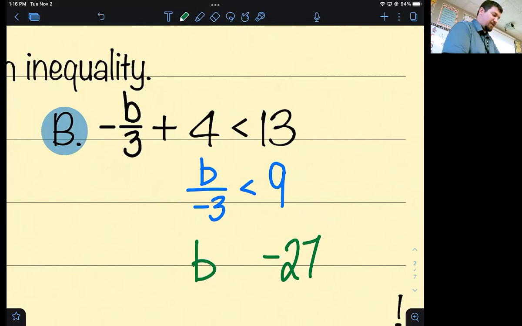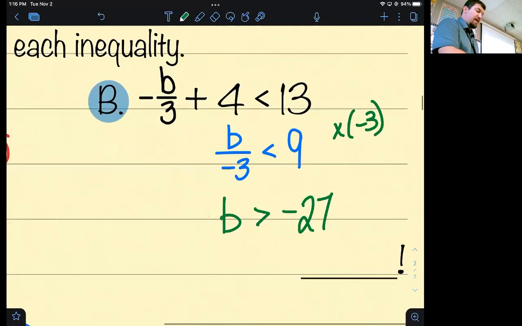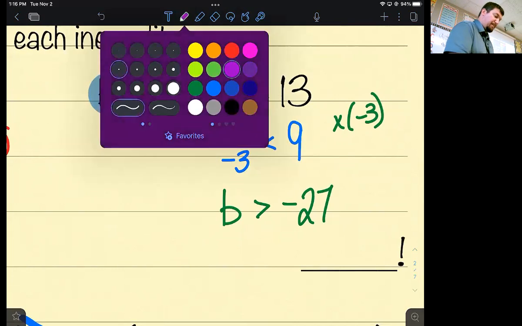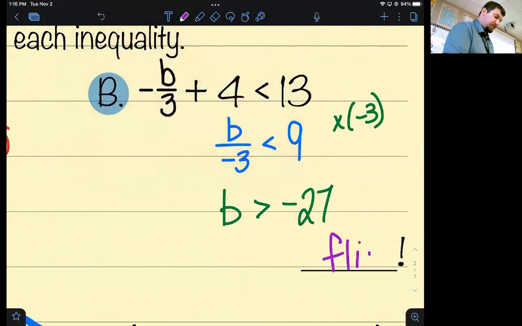That's what I was looking for. You flip the inequality symbol because we just divided by a negative. So maybe I should have put times by negative 3. Anytime you times or divide by a negative number, you have to flip the inequality symbol. So that's what I want you to write in that little blank right there. Flip. Just to remind yourself that you flipped that because you were timesing by a negative.